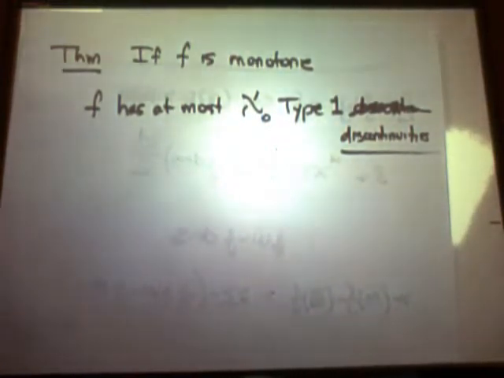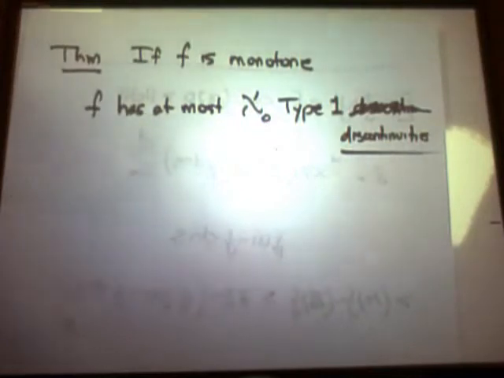That would be a removable one. If the lateral limits are equal but there's a hole there, you can just define the function to be the common limit, and then you remove the discontinuity. The function value could exist but the lateral limits are different, or the function could be different from the common lateral limit. You can move it. So you have the jumps or the removables.